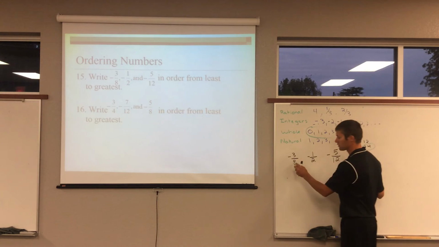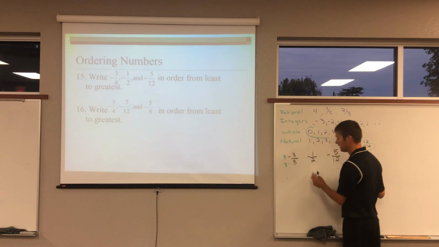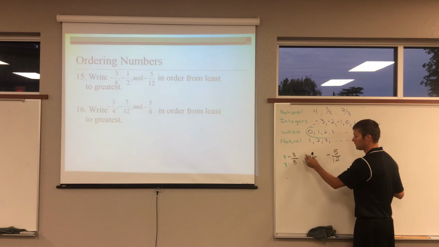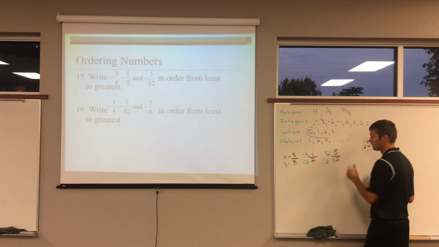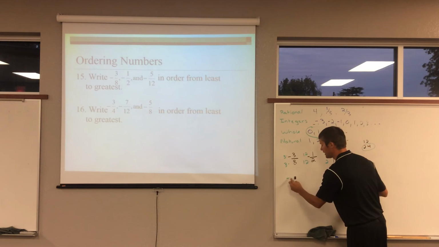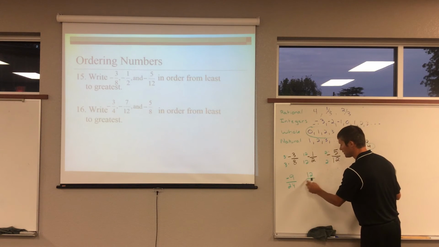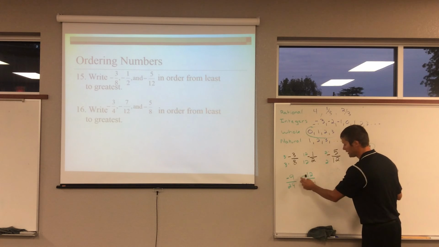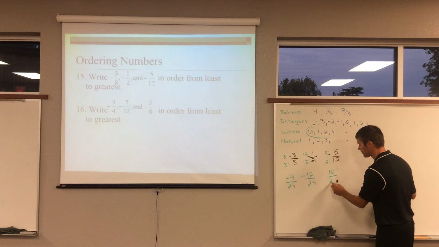To make 8 go to 24, I multiply by 3, multiply by 12, multiply by 2. So 3 times 3 is 9 over 24. 12 times 1 is 12 over 24. Don't forget my negative. 2 times 5 is 10 over 24.